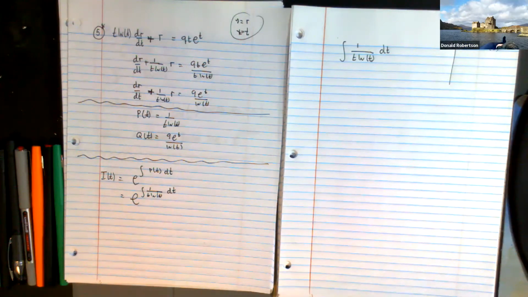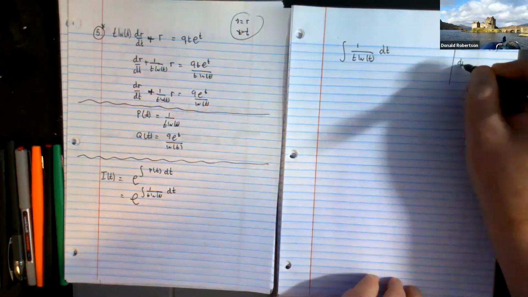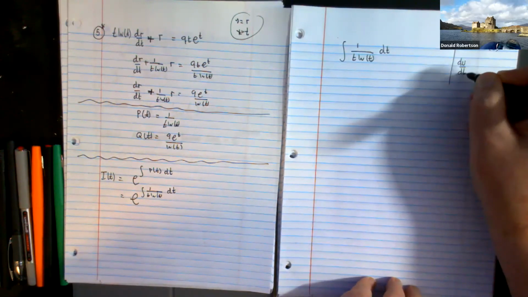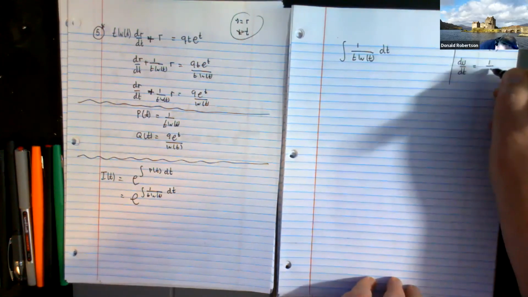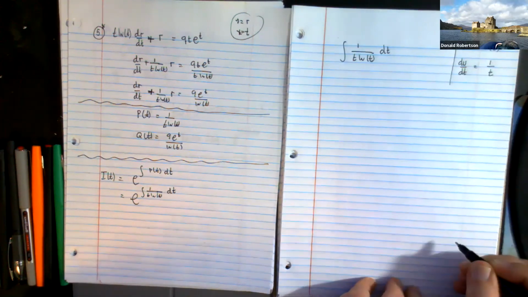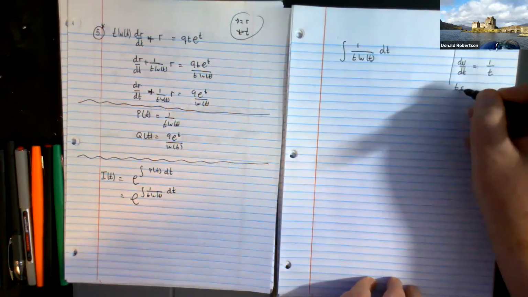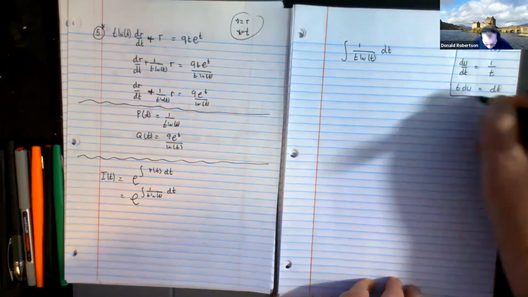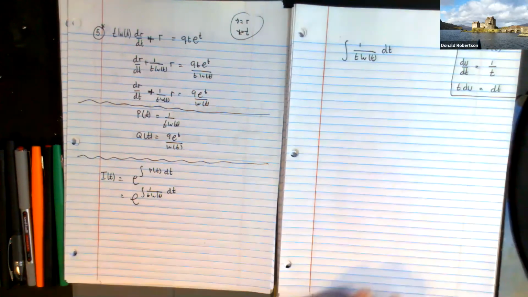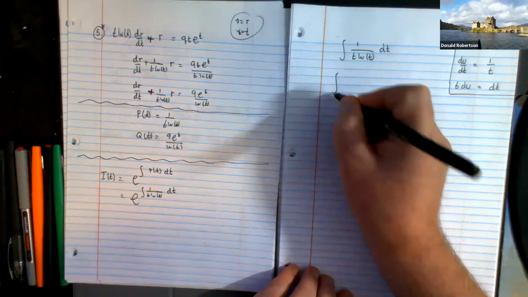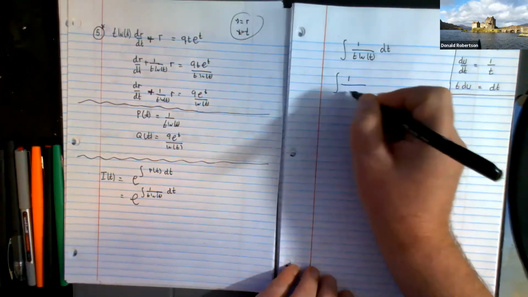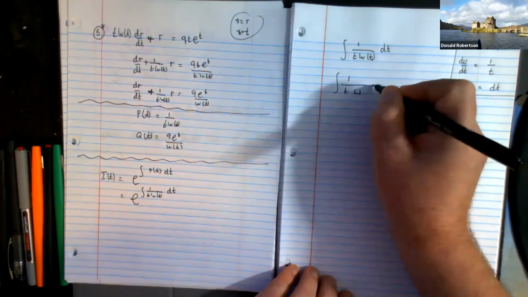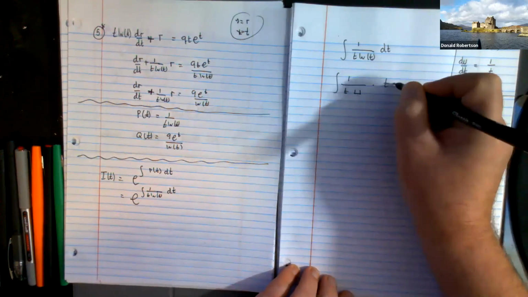Now, let's show you that it actually works. If you differentiate a natural log, you get 1 over t. If you do the crossover, oh, we've already isolated dt. So it's going to be 1 over t u times t du.